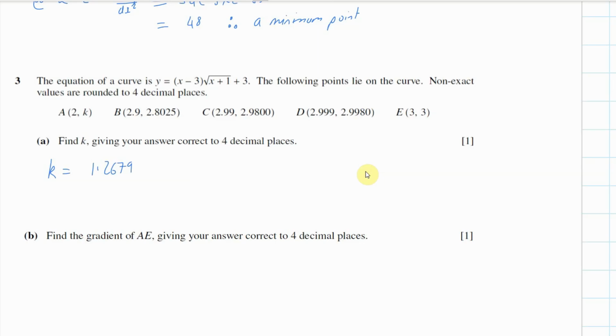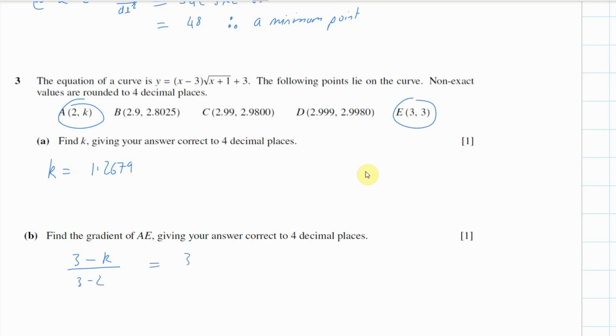Now find the gradient of AE. So the gradient of AE is going to be changing y over changing x. So we're going to go 3 minus k. I'm going to use my unrounded number for k, so I'm going to save that. Over the x, which is 3 minus 2.